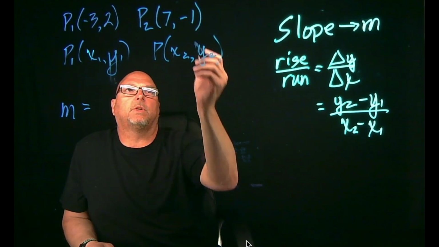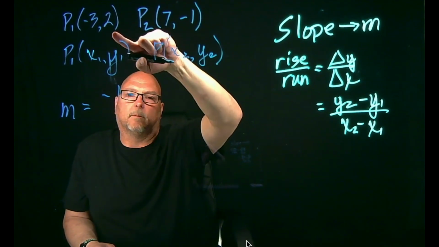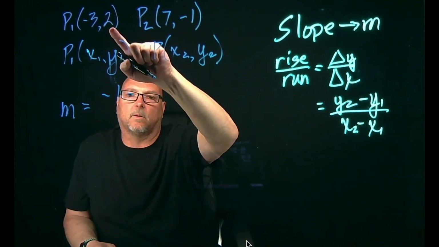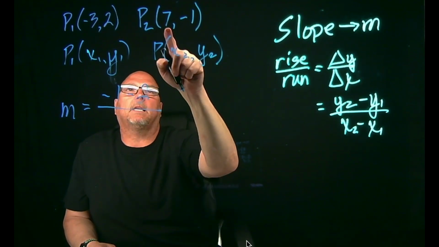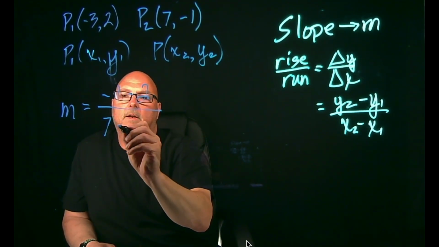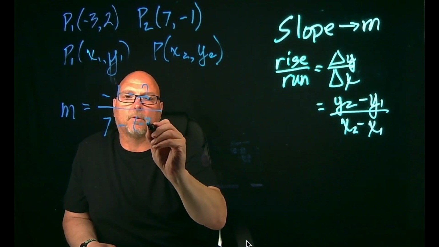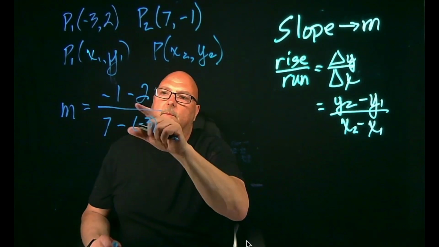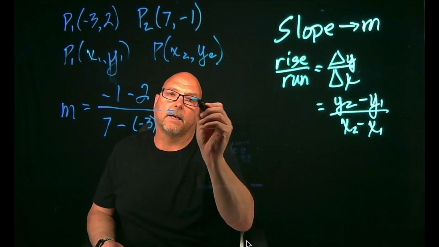So y sub 2 is -1 minus y sub 1, which is 2, all over x sub 2, which is 7, minus x sub 1, which is -3. So -1 minus 2 is -3.